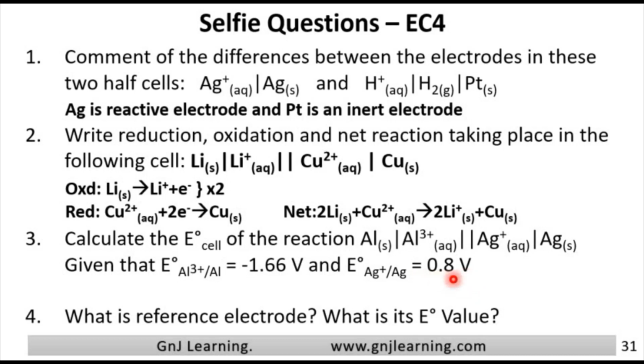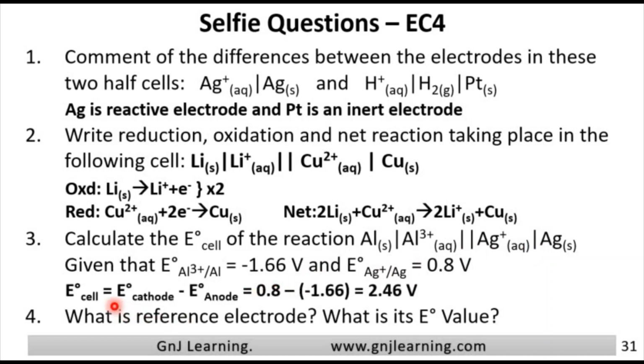So the cathode is silver because of its higher potential, and it's given in the cell notation also, and aluminium is the anode. So E0 cell is equal to E0 cathode minus E0 anode. Cathode is silver, so its potential is written first, 0.8 volt minus minus 1.66 volt of aluminium, that is the anode. Finally you will get the voltage of the cell as 2.46 volt.